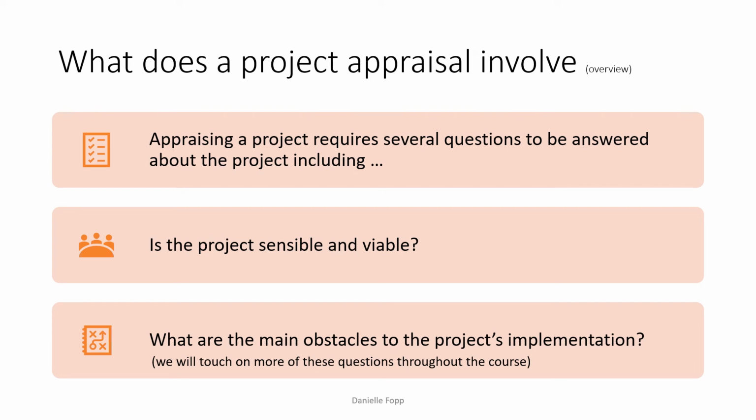And these will often fall on what the client needs to have appraised from you. We can then provide a recommendation of, is the project sensible and viable for the client? Throughout these appraisal techniques, we will understand better what are the main obstacles to the project's implementation. And we're going to touch on these items further throughout the course. This is your building base.